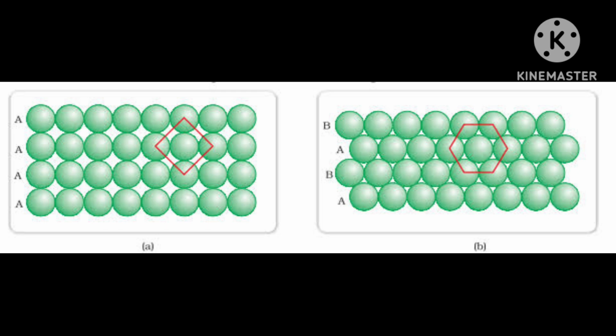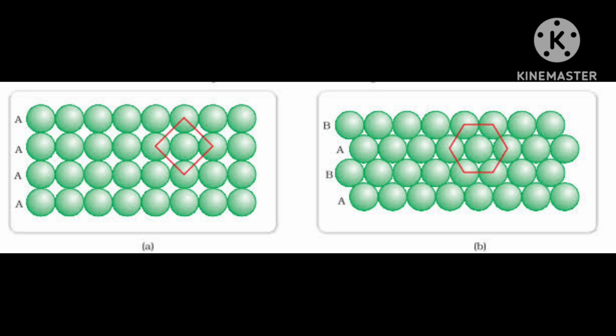Okay, this I have told you. Now the third one I am going to tell you. One more thing before going to the third one. Already I discussed last class that there are triangular voids. This packing is called two-dimensional hexagonal close packing, and it can be seen in the diagram.